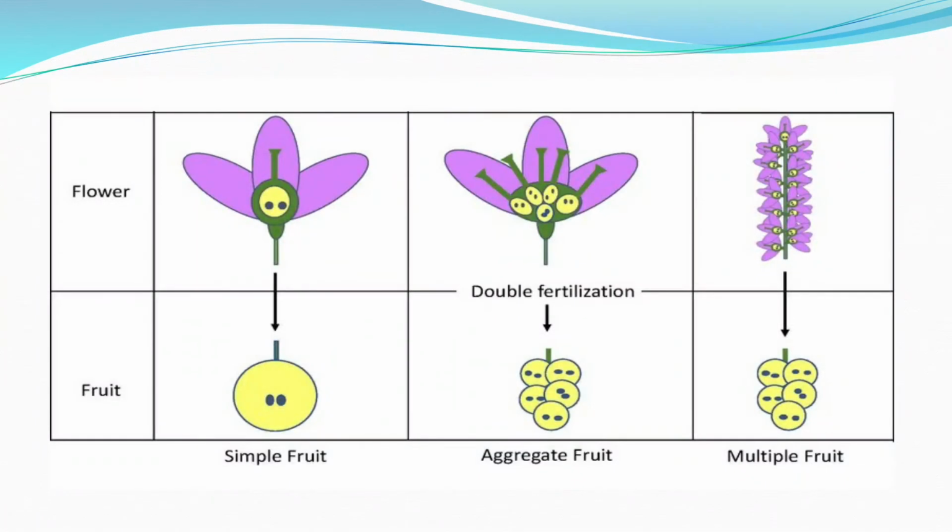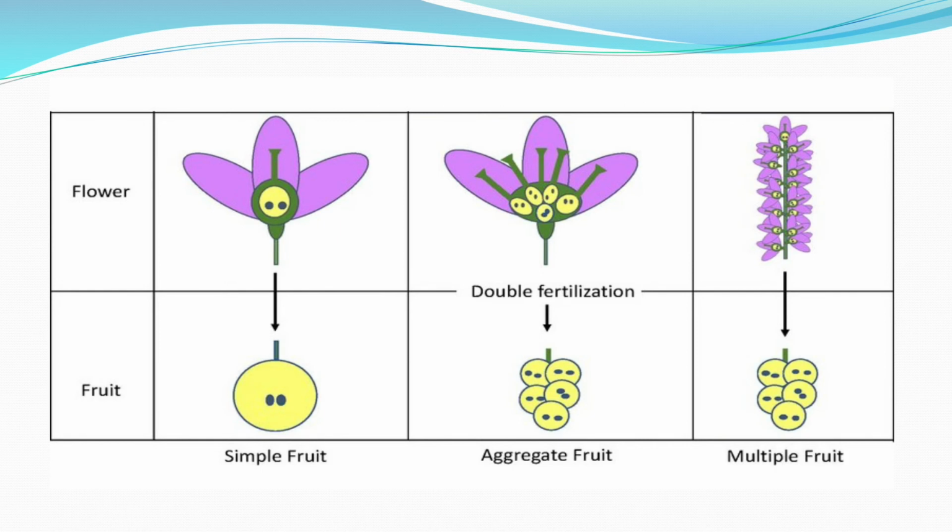In this figure you can see how the simple, aggregate and multiple fruits are formed. The first, the simple fruit, is developed from a flower having a single carpel, or single ovary. From a single ovary it develops into a fruit. That fruit is called a simple fruit.